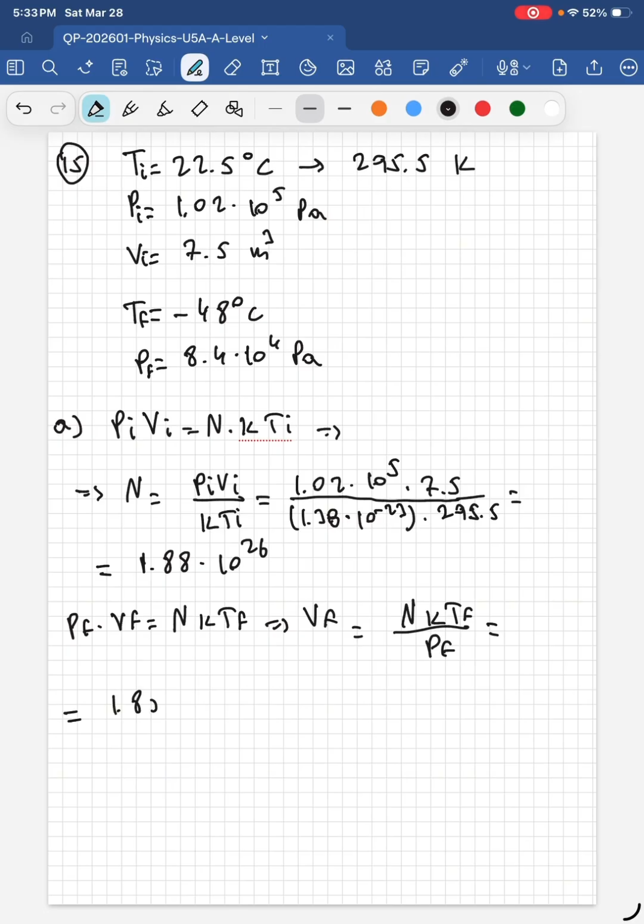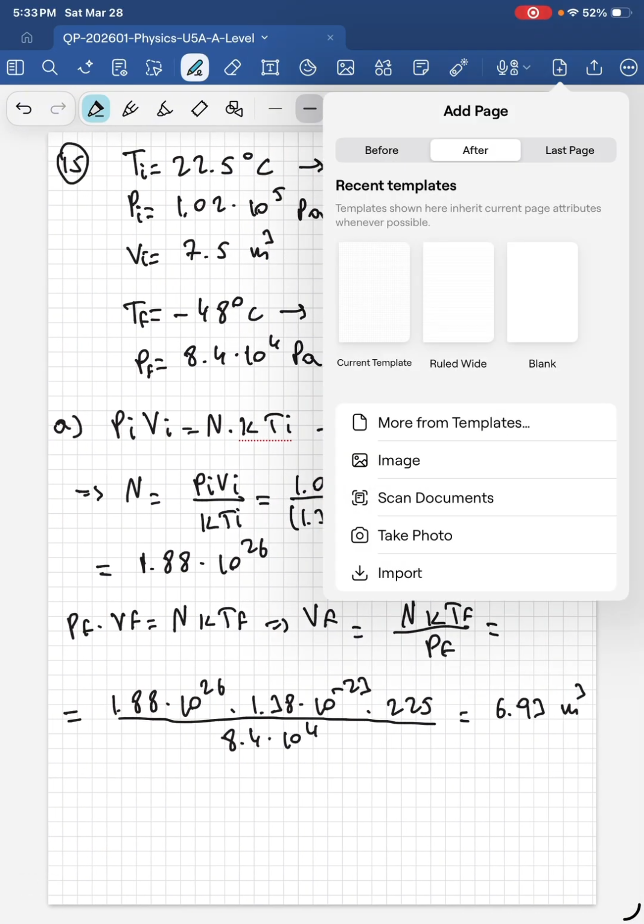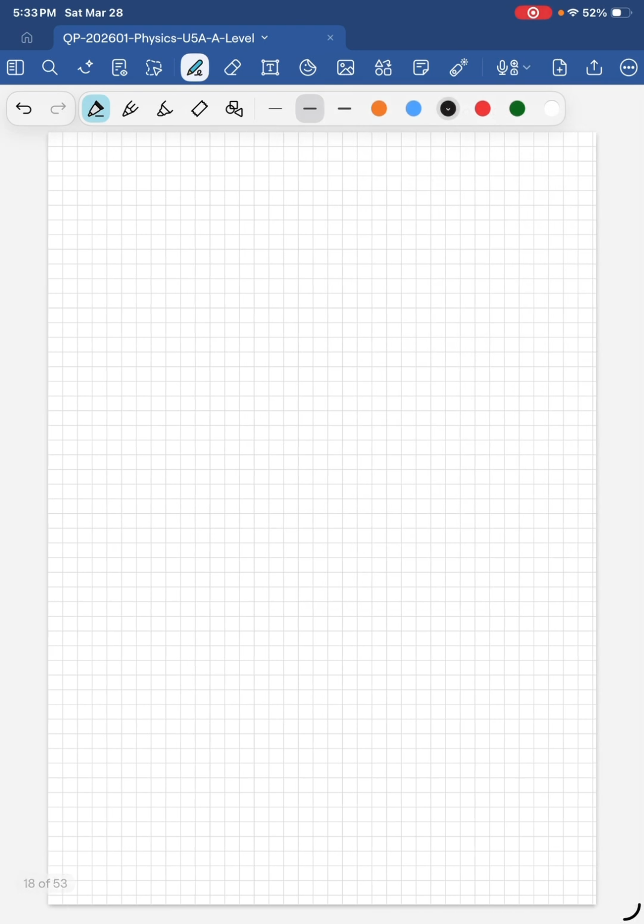That's 1.88 times 10 to the 26 times 1.38 times 10 to the negative 23rd times 225, which is the final temperature, minus 48 is 225 kelvins, over 8.4 times 10 to the 4, so we get 6.93 cubic meters.